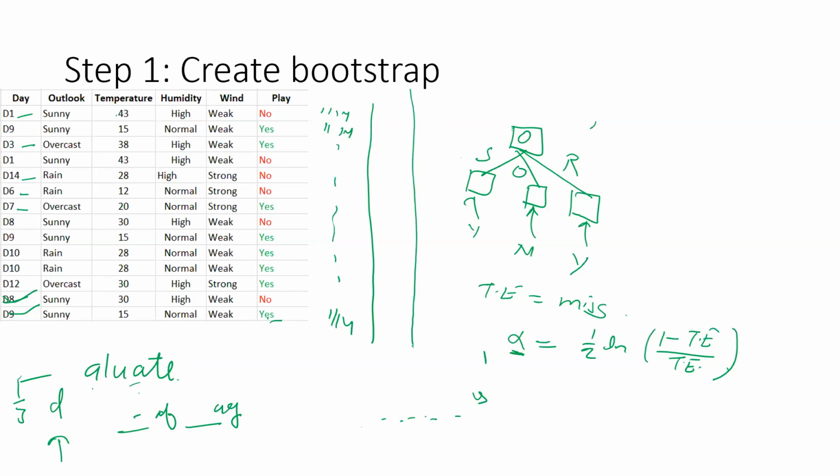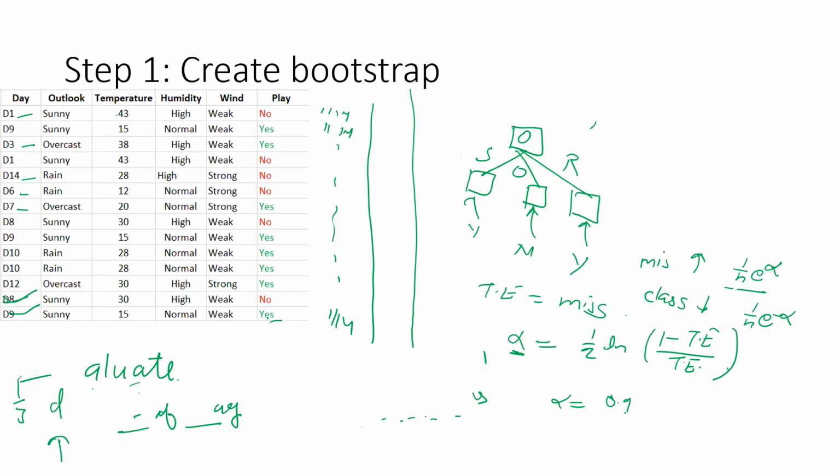For a misclassified point, I will increase the sample weight. By what factor? It's going to be 1 by n times e raised to the power alpha. By this factor, I will increase my sample weight. And for a correctly classified point, I will decrease my sample weight by 1 by n times e raised to the power minus alpha. Let's say the performance, alpha, comes out to be 0.9, very good performance.